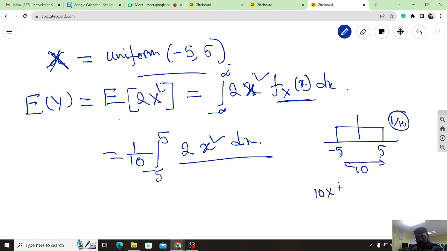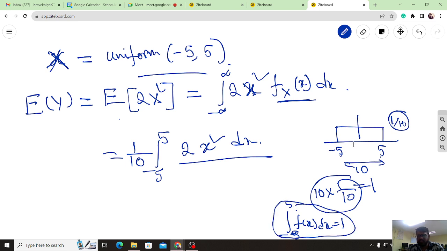So 10 into 1 by 10, this rectangle will keep the area 1, so that will satisfy the integral of f of x dx equal to 1 from -5 to 5. That's why the 1 by 10 factor is here. So if I calculate this, it will come 16.67.